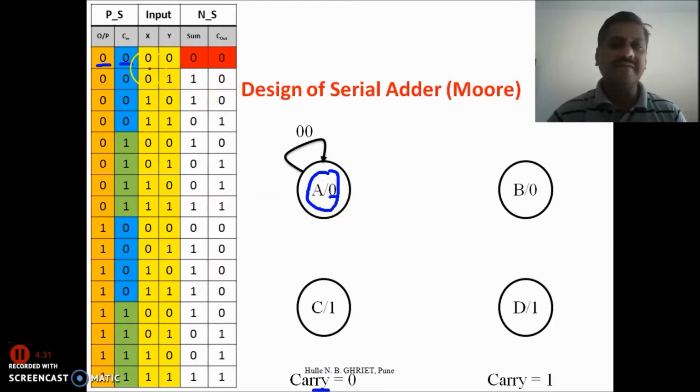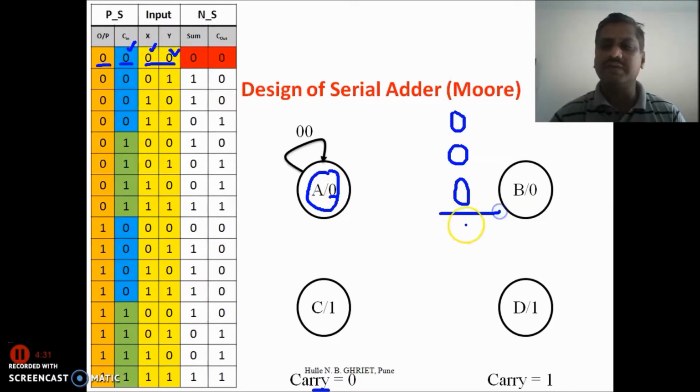In state A, whenever the inputs are 0 0, this is the present state. Now look at how we are calculating the output: x0 plus y0 plus the previous carry, which is 0. What will be the sum and what will be the carry?